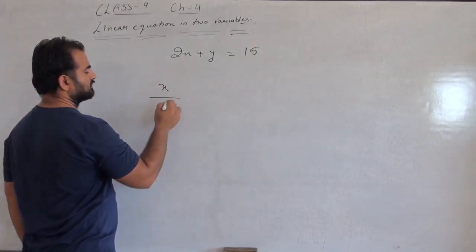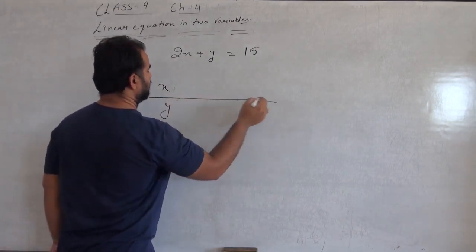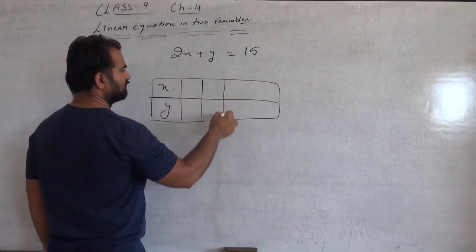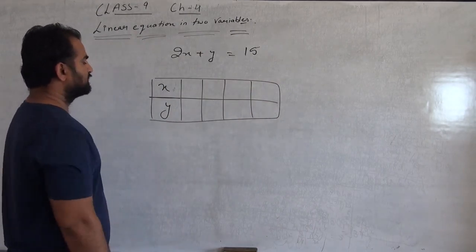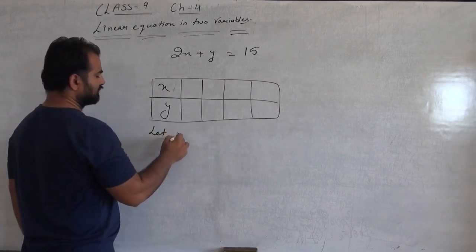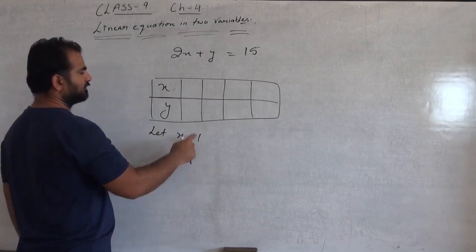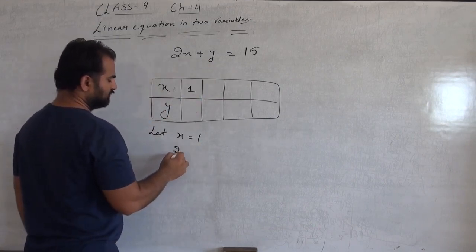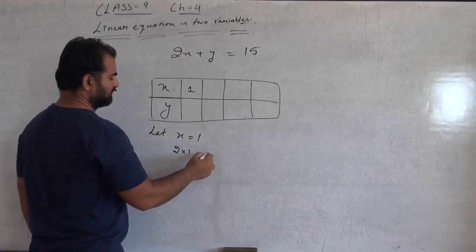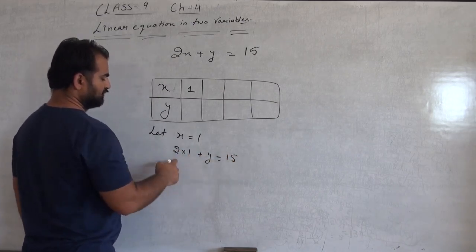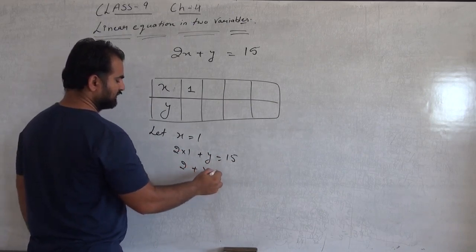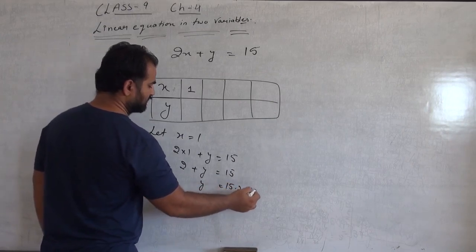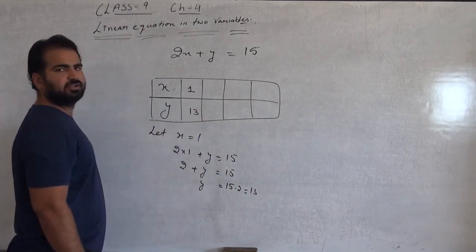How many solutions we have to find? 4. First, let x equals to 1. If we place x equals to 1, what will be the value of y? So 2 multiplied by 1 plus y equals to 15. 2 plus y equals to 15. y will be 15 minus 2 equals to 13. So the value of y will be 13.